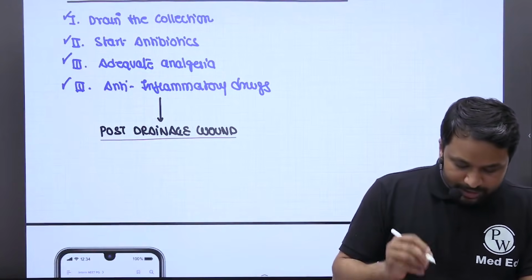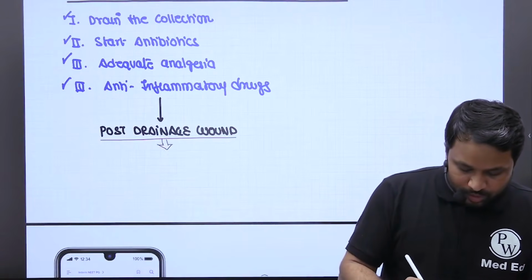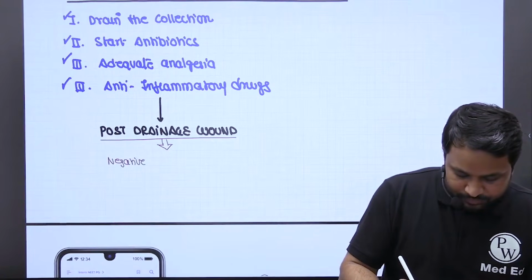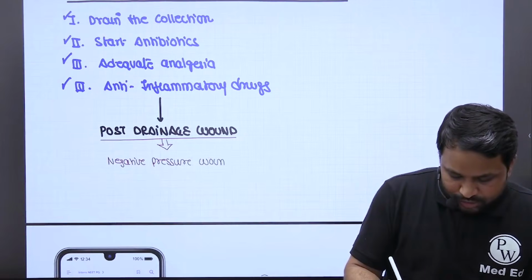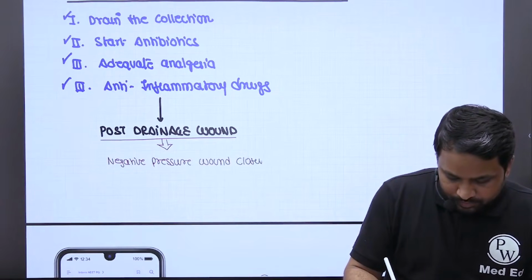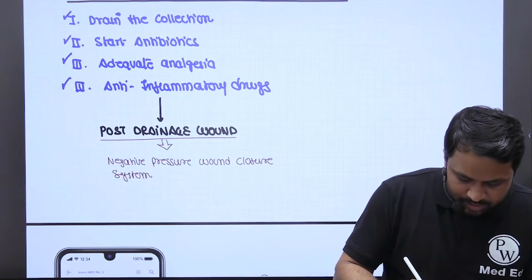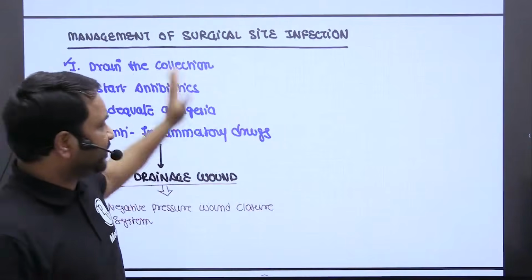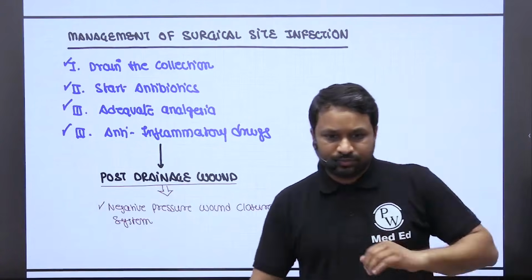In the same context, in the management protocol for post-drainage wounds, the patient has to be managed on negative pressure, on a negative pressure wound closure system. Okay? So this is what you have to do. So whenever they ask you what is the management for a surgical site infection, these are the principles that you're going to follow.